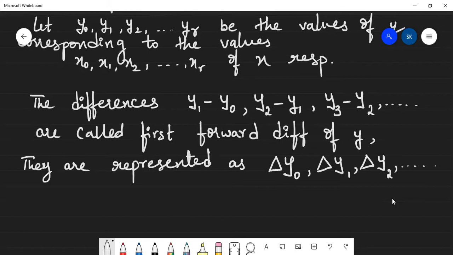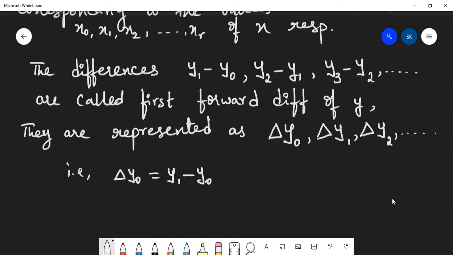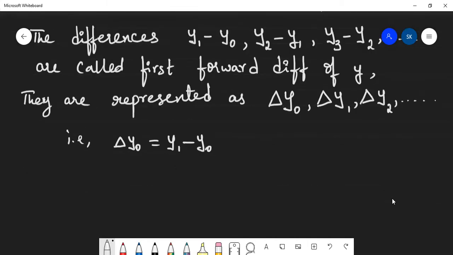So how do we get these? Forward delta y0 is y1 minus y0. Next, forward delta y1 will be y2 minus y1. Forward delta y2 is y3 minus y2.